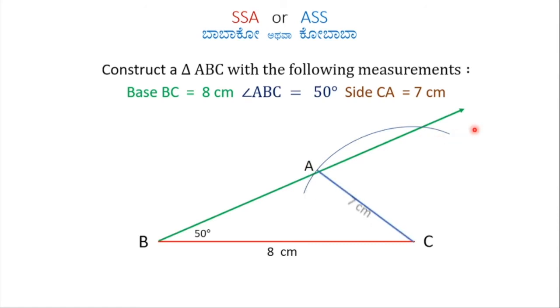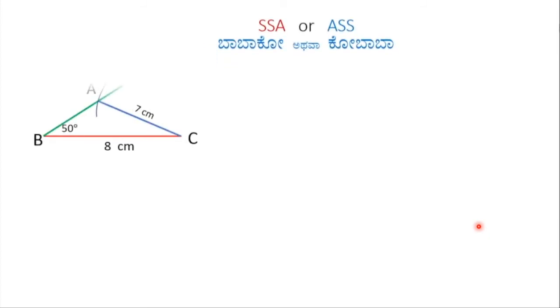So join C and A, so this CA is also 7 centimeter. So if SSA or ASS is given, that is, two sides and not an included angle, then we may not get a unique triangle like this.